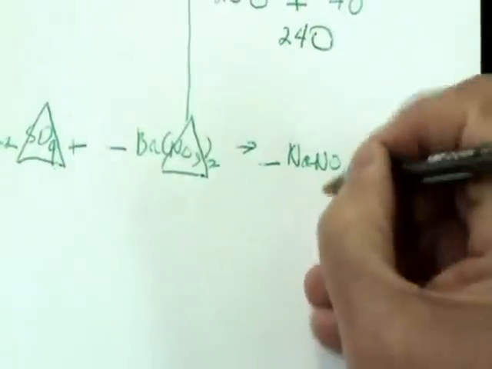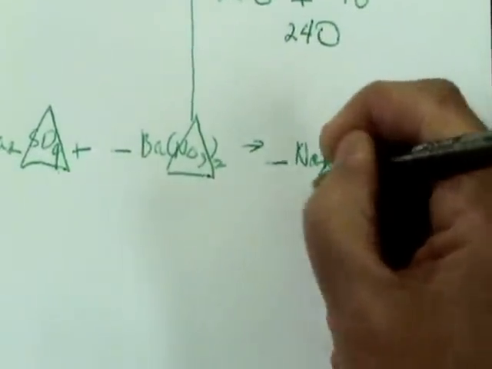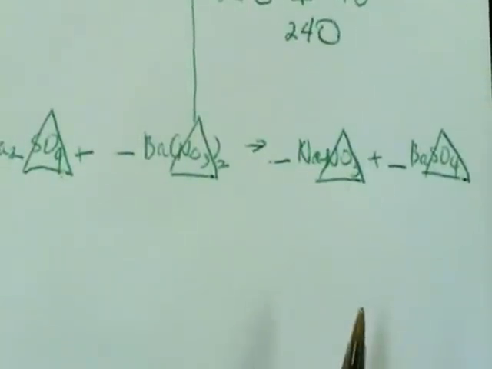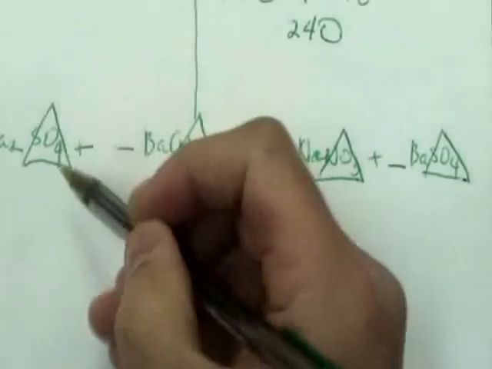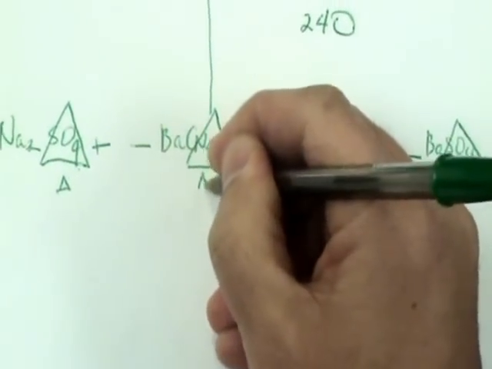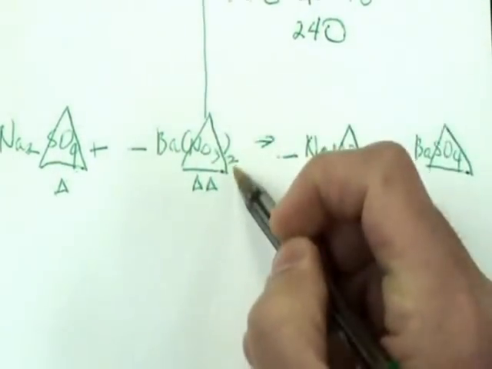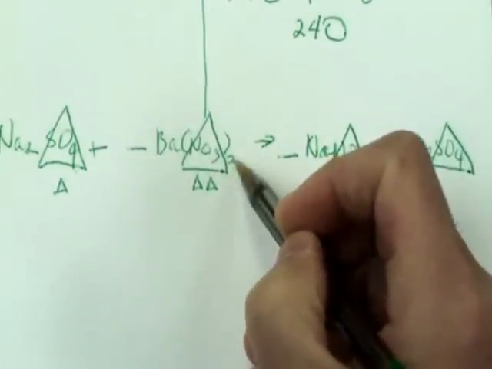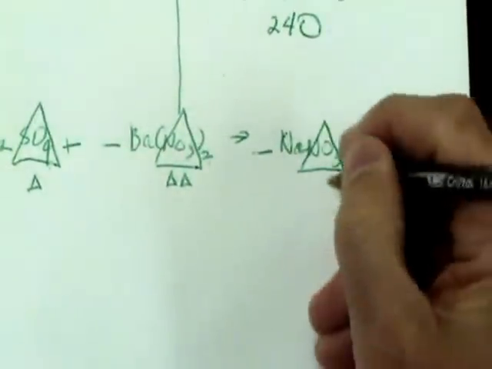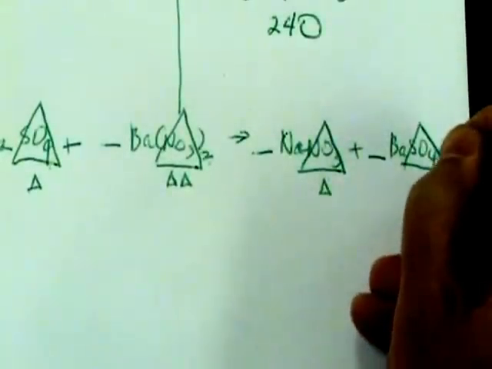Another triangle here and another triangle here for NO3. So now all you have to do is count the triangles. So we have one triangle here for SO4. We have 2 triangles for NO3. Remember the 2 that's outside your parentheses? That means you've got 2 groups of NO3. You've got one here, you've got one here.